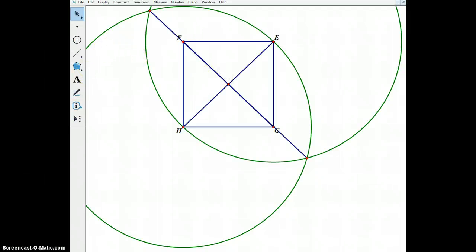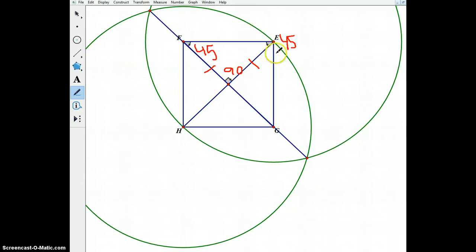Well, if this is 90 degrees, then we know that these two must be 45 degrees. So if we have 45 degrees, 90 degrees, and 45 again, that creates an isosceles triangle where these two sides are the same length.